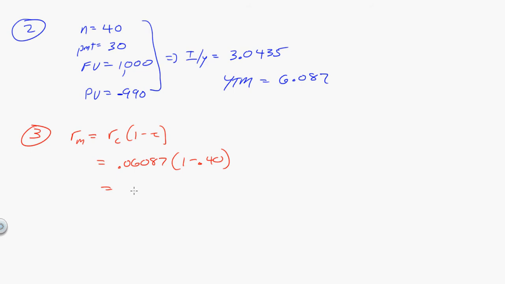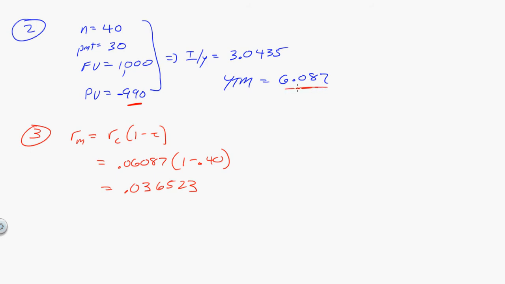This means, I didn't write this number down, hang on just a second. Okay, so this comes out to be 0.036523. So to find the price I'm willing to pay for the Verizon bond, I'm assuming I'm willing to pay $990 for this bond, which gives me this yield.